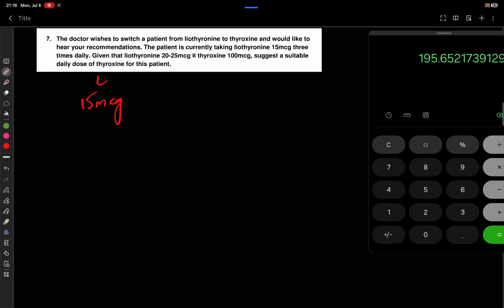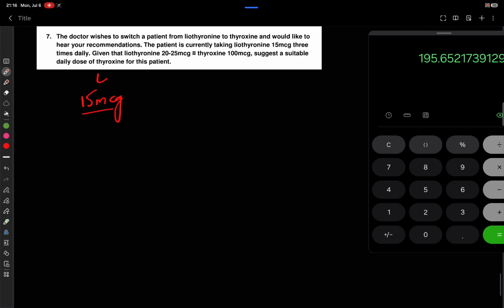Given that liothyronine 20 to 25 microgram is equal to thyroxine 100 microgram, let's choose a figure between 20 and 25, say 23 microgram, equal to 100 microgram of thyroxine.